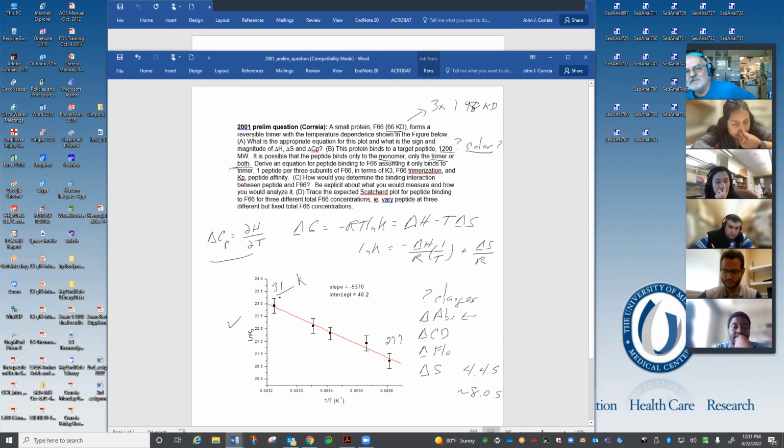That's approximately 40 degrees. And this is approximately 4 degrees centigrade. Over this range, the slope is constant. If the slope is constant, there's no heat capacity.